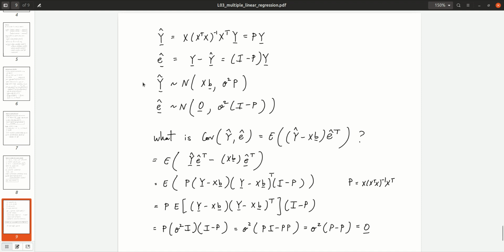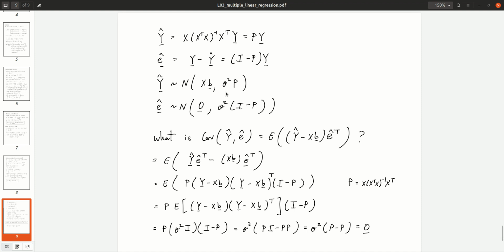We know that the fitted values, since they're a transformation of a normal, just P times the responses, have expected value XB. We get that by doing P times the expected value of Y, which is XB. If you work that out, you're going to get XB back.